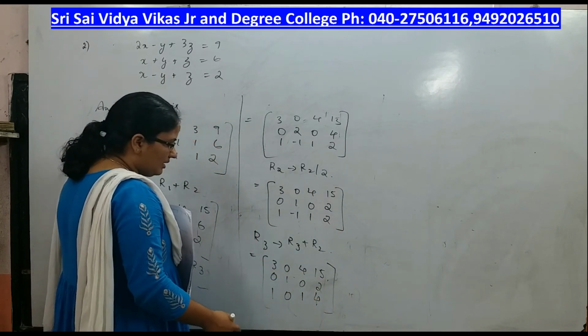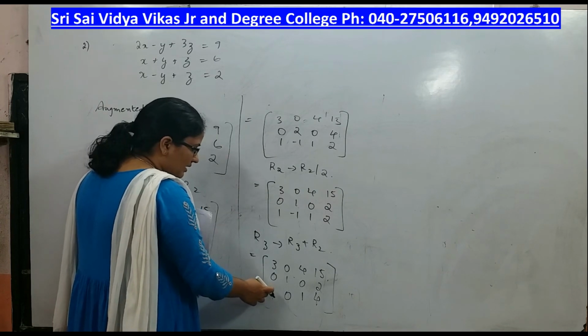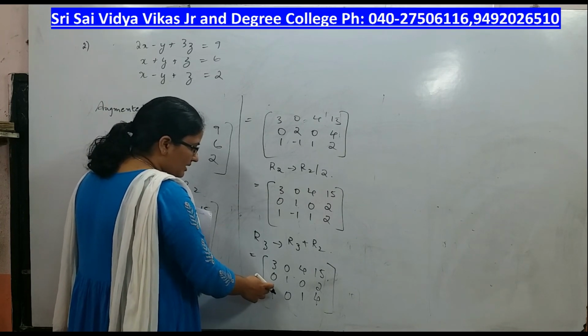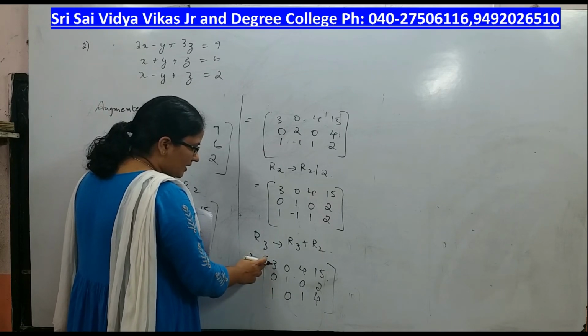Now, where should we get another 0 here? So we shall do R3 changes to R3 minus 3R1.